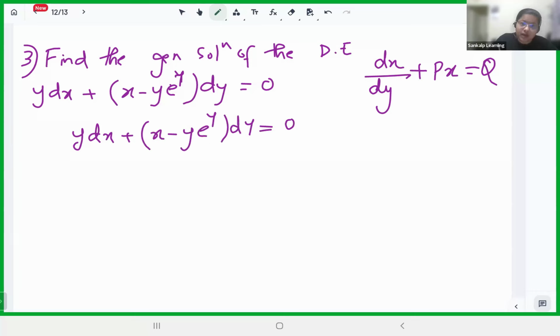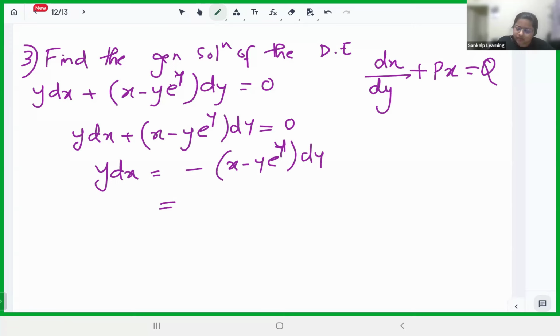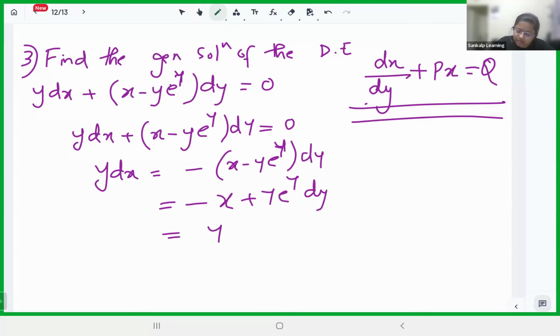So therefore y dx equal to minus of x minus y e raised to y into dy. We have to convert this into this form. So this can be written as minus of x plus y e raised to y dy, or y e raised to y minus x dy. All right.